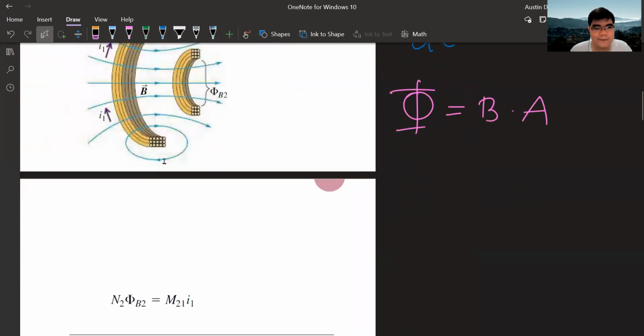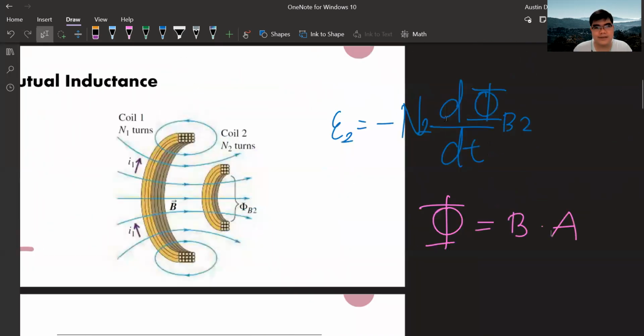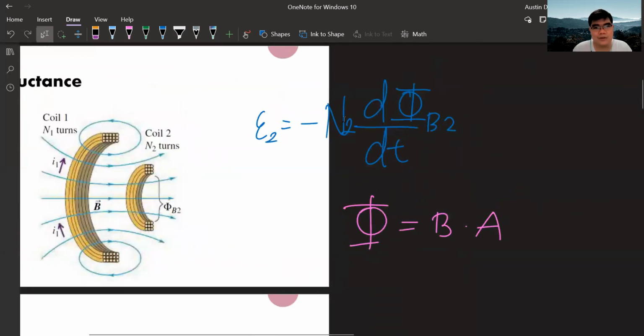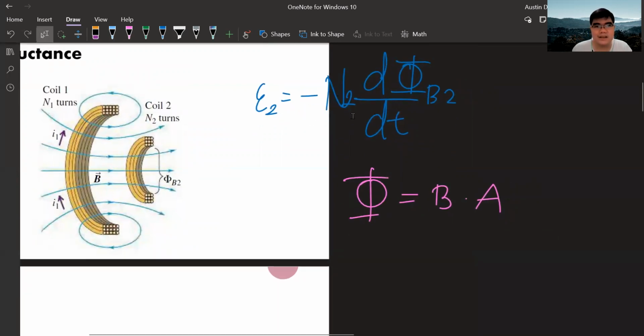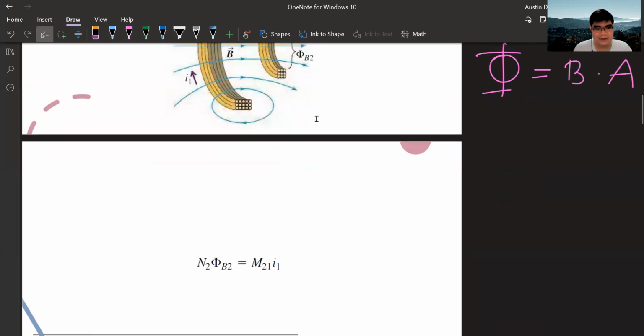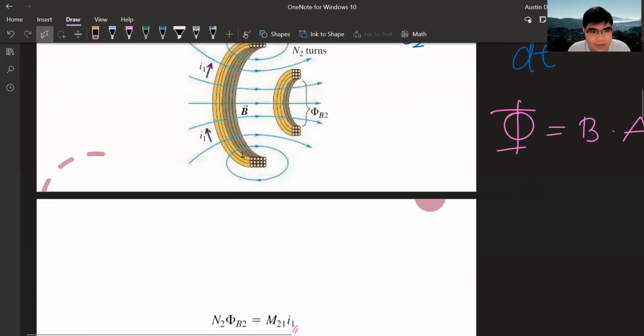Okay, let's say that this quantity, pwede natin ipasok yung N2 doon sa loob ng derivative, tapos wala namang mangyayari sa kanya kasi constant lang siya, lalabas lang din. Let's say that that quantity can be equated to a function that is dependent on the current I1, which is the current na nagpa-pass through dun sa unang loop.